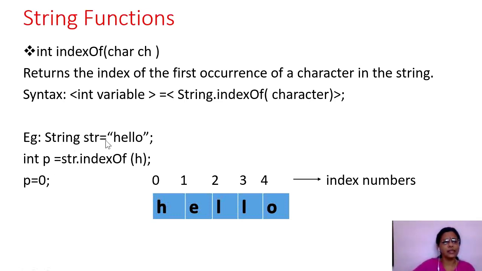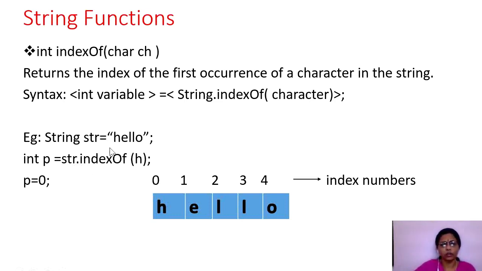String str is equal to hello. So my string variable is str. The value it contains is hello. So this str will be a named memory location in this particular manner. Clear?